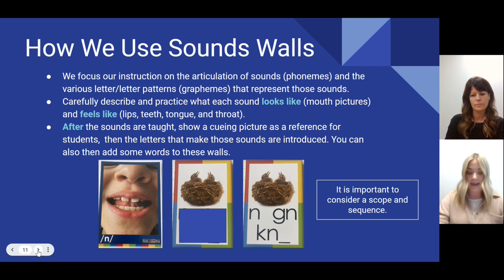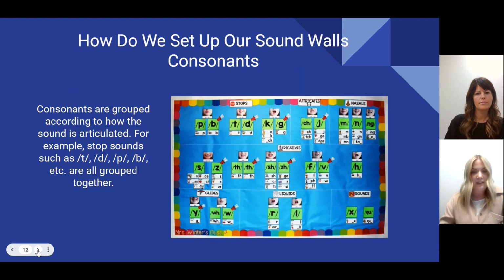So they might just see an N or a KN or even a GN, depending on where they are developmentally or what you've introduced to your sound wall. So while those spellings, a GN or a KN, might not be the most frequent, we are supporting our students because they are there on the sound wall for them to look at and see, and that cue is there for them to add it and transfer it to print and their writing. So if you want to jump to the next slide, Erin.